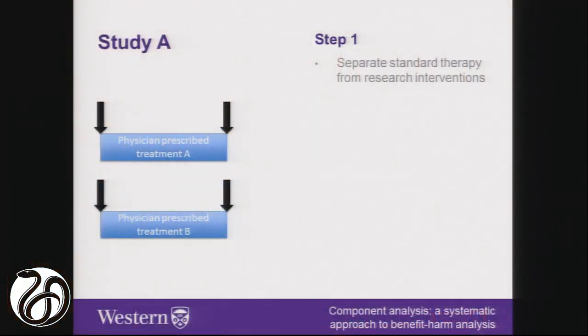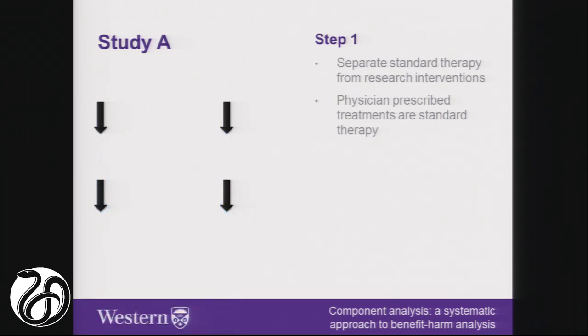So let's start with study A, the observational study. As I've said, step one in component analysis is to separate standard therapy from research interventions. In this case, physician-prescribed treatments are involved, and by definition, physician-prescribed treatments are standard therapy. So according to the first step of component analysis, treatment A and treatment B here are demarcated out of the picture.